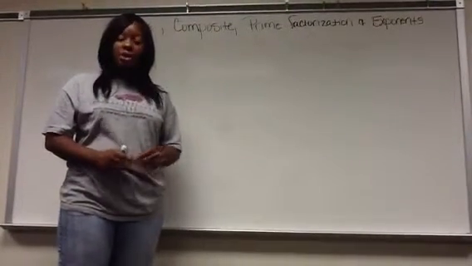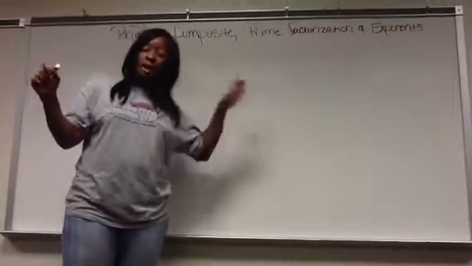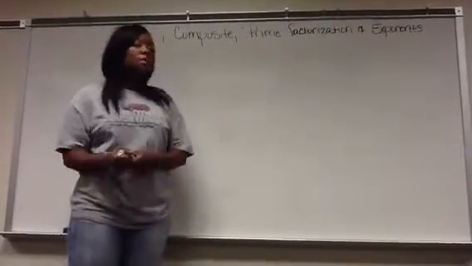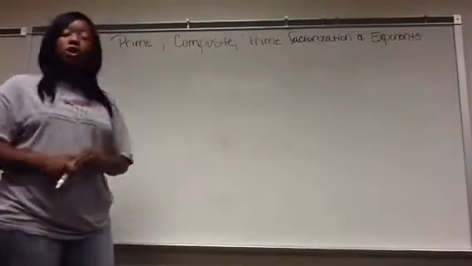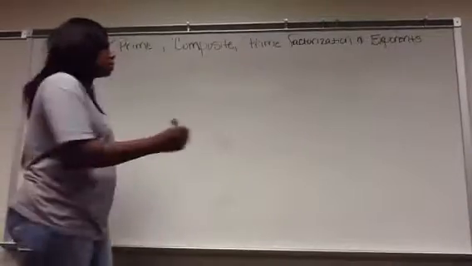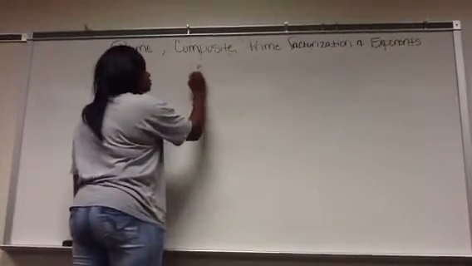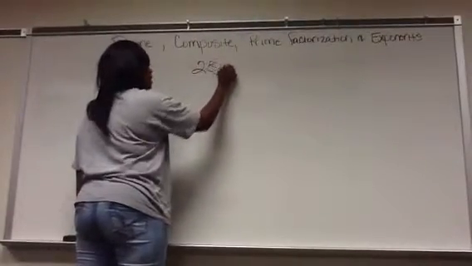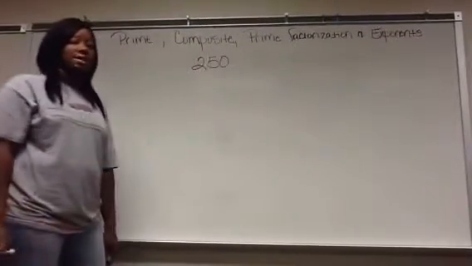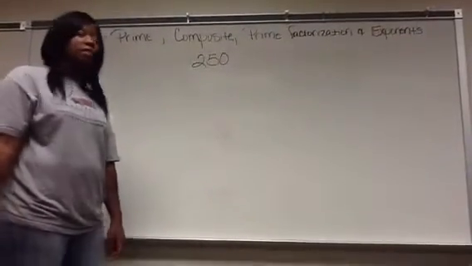The prime factorization is the long number sentence that you get from making the factor tree. So we're going to see what one of those looks like. I'm going to use an actual number that came off of your test. It's a pretty big number, and so we kind of struggled with that a little bit. The number is 250. This was one of the questions on your last test: show the prime factorization for the number 250.